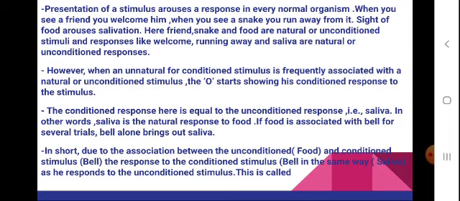If food is associated with bell for several trials, bell alone brings out saliva. In short, due to the association between the unconditioned stimulus, that is food, and the conditioned stimulus, bell, the organism responds to the bell in the same way, with saliva, as he responds to the unconditioned stimulus.